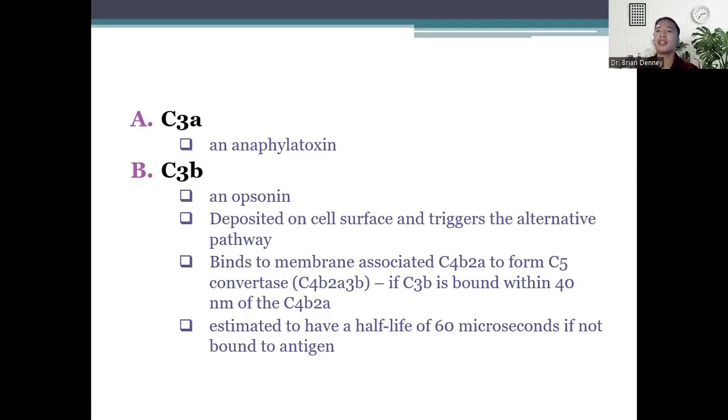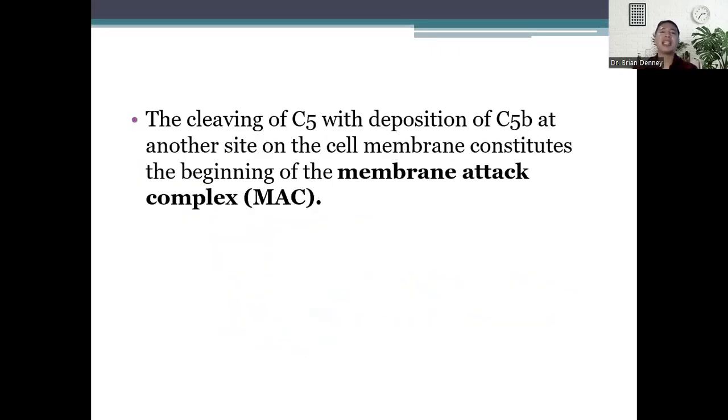Now from the term itself, what complement protein does your C5 convertase target next? Very good, your C5 complement protein. Once your C5 undergoes proteolytic cleavage, it forms two fragments, your C5a and your C5b.